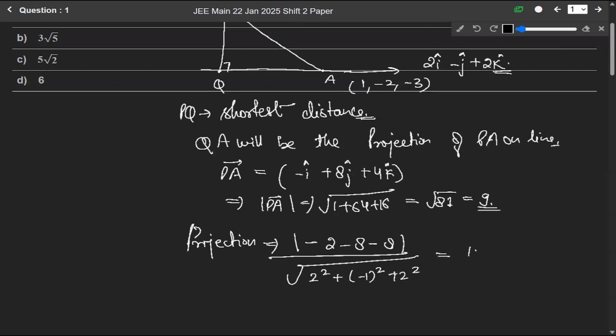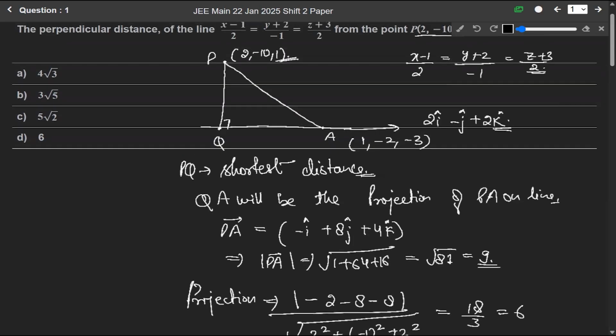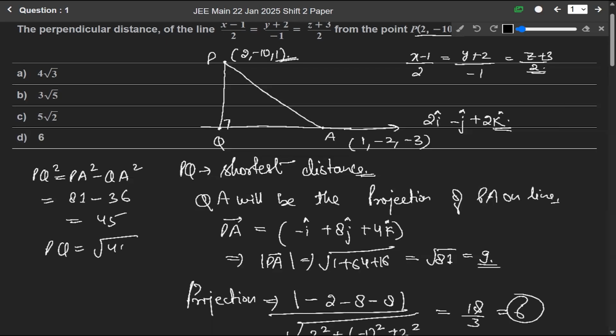So it will be 18 over 3, which means it is equal to 6. So PQ square is equal to PA square minus QA square. So PA square is 81 minus QA, which is 6 square, meaning 36. So it will be 45. So PQ is under root of 45, which means it will be equal to 3 root 5.